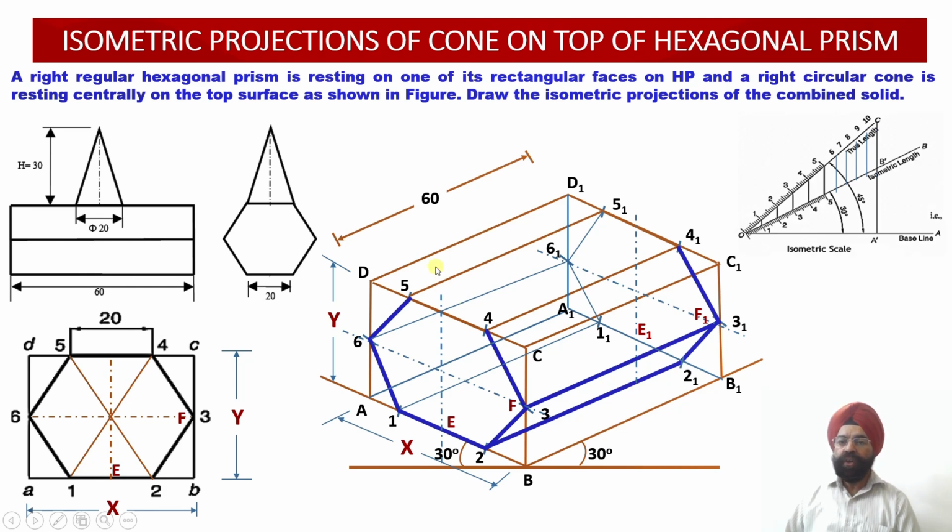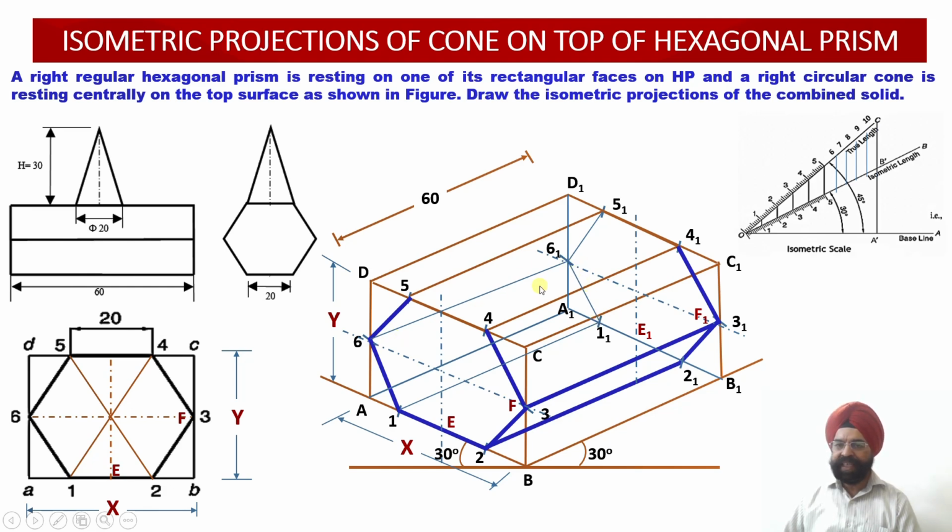But now I have to draw a cone which is going to rest centrally over this particular surface, this top surface of the hexagonal prism onto which my cone is resting. And you can see these dimensions, A1 D1, 5,1 6,1 and 6,1 1,1.